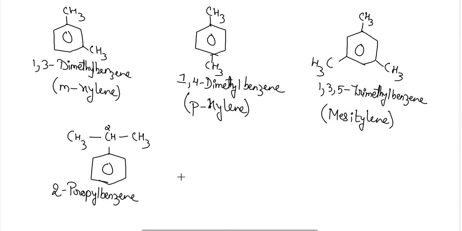Now, if two benzene rings are attached with one another like this, then it is termed as naphthalene.